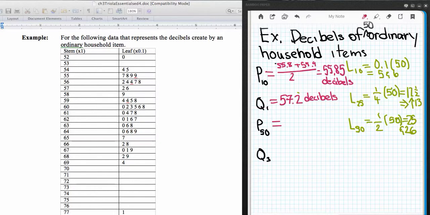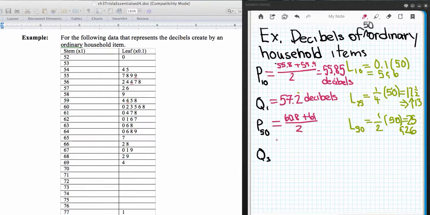So there's 13, 14, 15, 16, 17, 18, 19, 20, 21, 22, 23, 24, 25, and 26. So 60.8 and 61. So 60.8 plus 61 and they get averaged. Now this one's not as easy to average because they're not right next to each other.